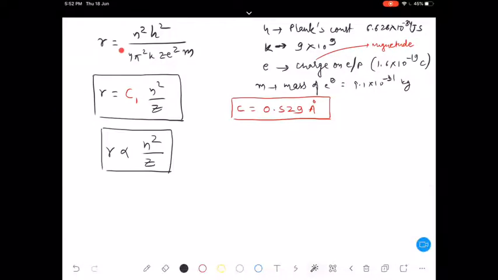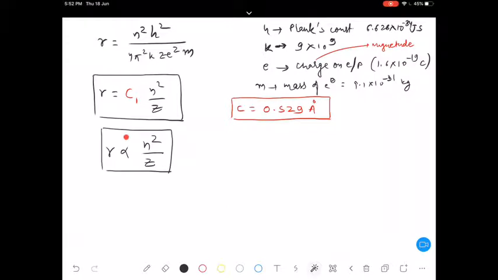Or if you want to remember something, try to remember this formula, correct? So I could write r2 by r1, meaning radius of second species by radius of first species, meaning radius of any orbit of any species by radius of other orbit of other species.